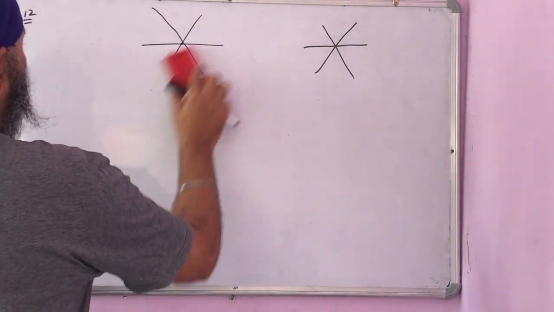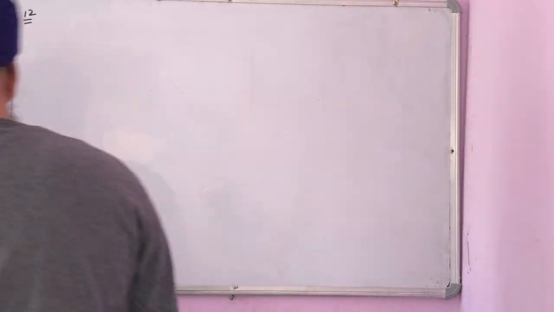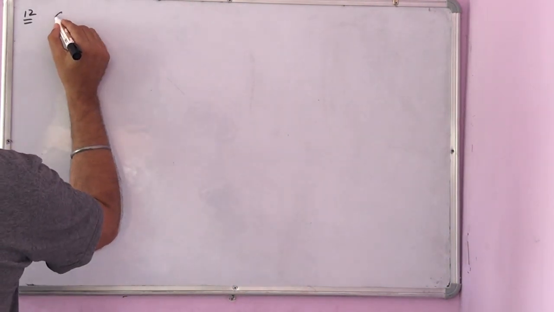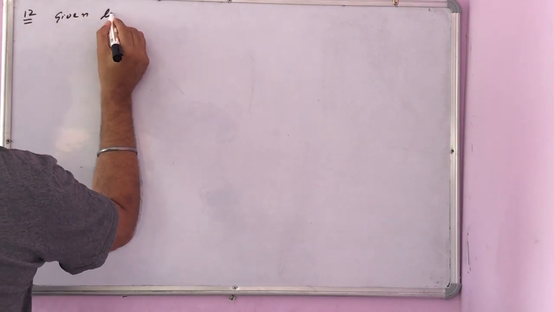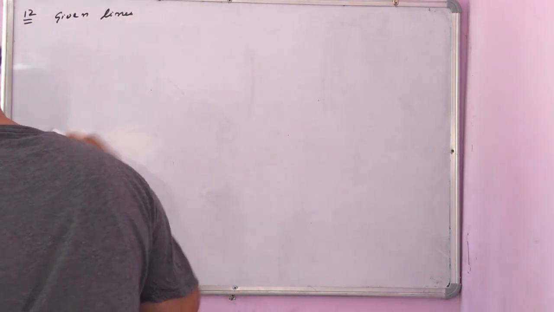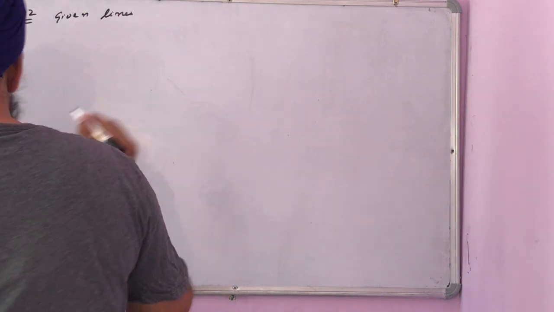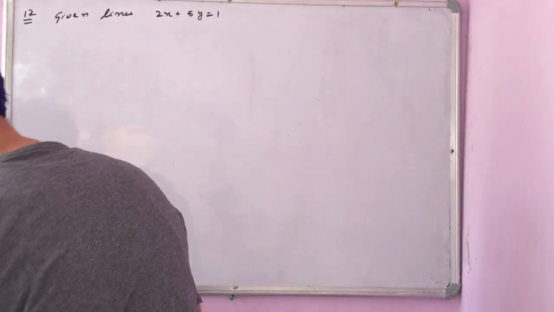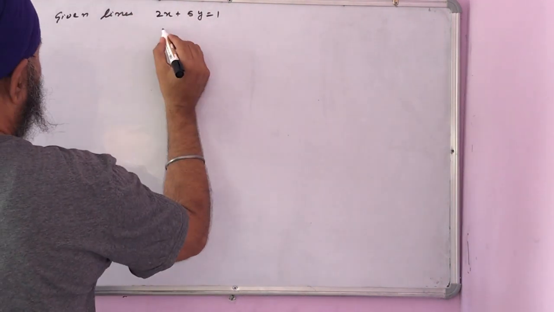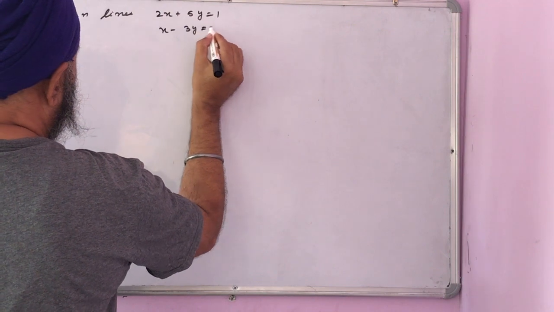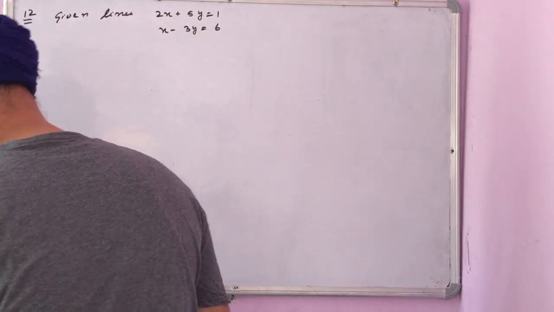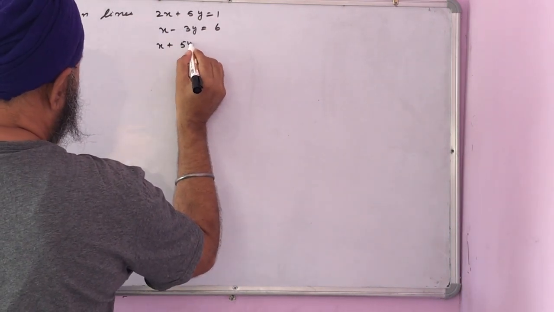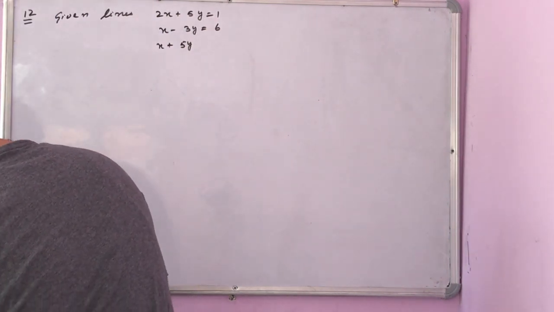So first I write the three equations. Given lines are 2x plus 5y equal to 1, x minus 3y equal to 6, then x plus 5y equal to minus 2.